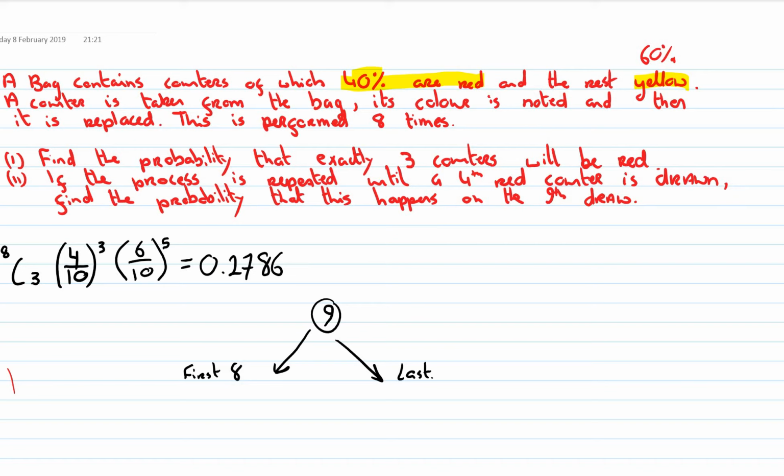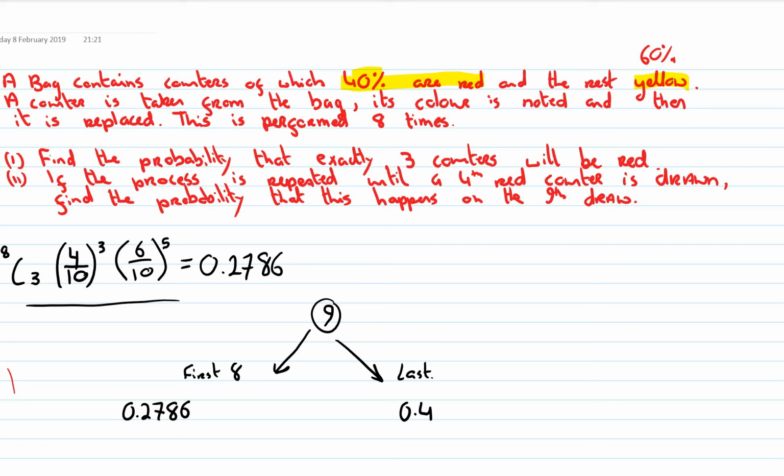We want the 4th red counter on the 9th draw, so we want 3 red counters in the first 8 draws. That's actually what we have already done, 3 red counters from 8 draws, and that's 0.2786.